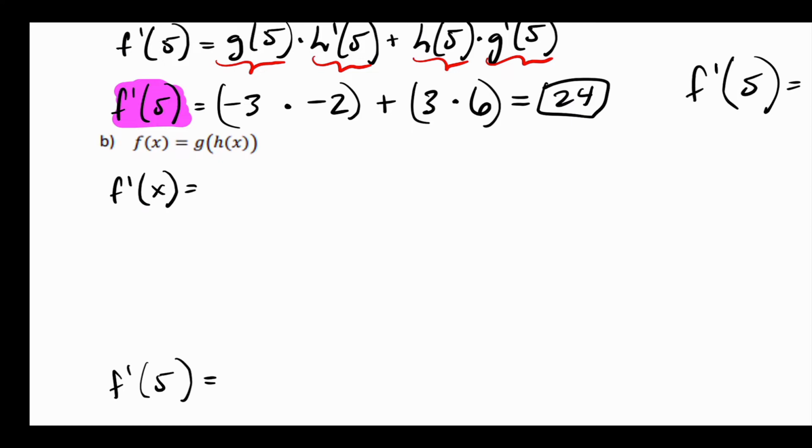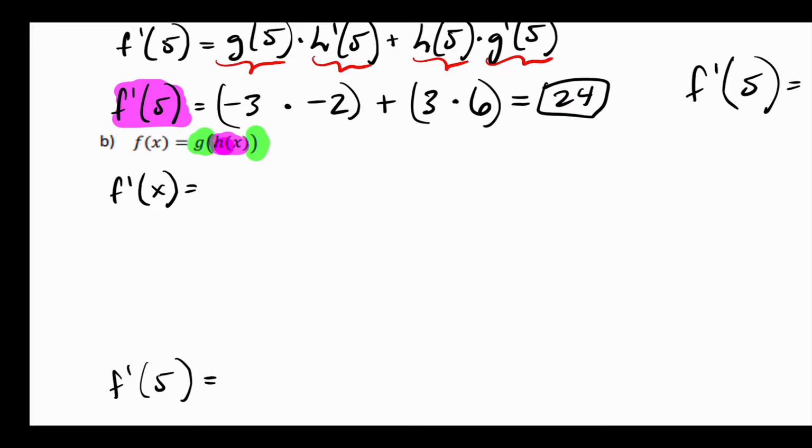So we have two functions. I have an outside and I have an inside. So just like I did yesterday, let me highlight them. The outside is g. The inside is h. So the first thing I have to do is find the derivative of the green.